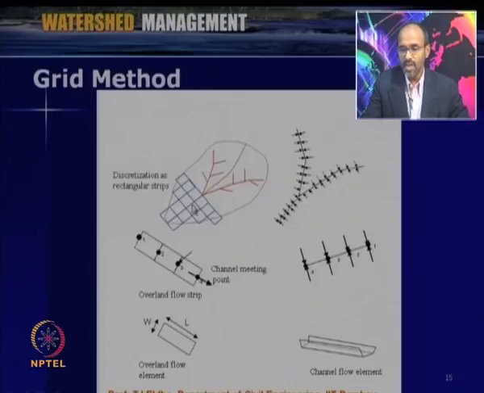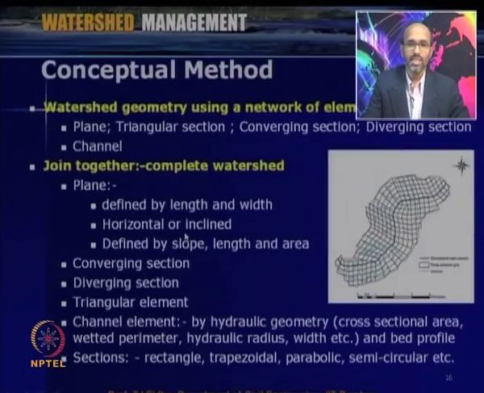These grids keep joining the important channels. The channel is represented as one dimensional, and the overland flow is considered as an element either in two dimensions or one dimension, and this will be joining. This is the way we do the representation in the grid method.